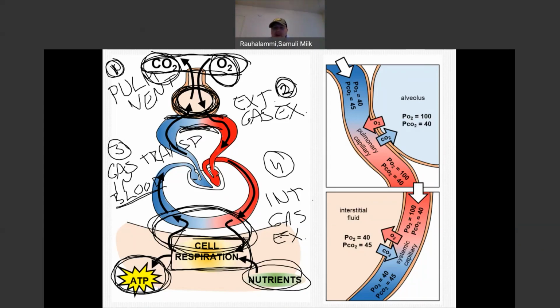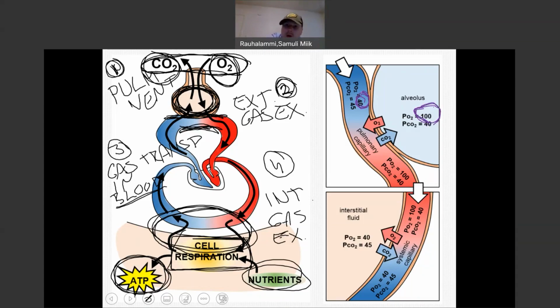But what we see is that there is a difference in partial pressures, the concentration of oxygen and the concentration of carbon dioxide, within the blood and within the lungs or the tissues. The partial pressure of oxygen in the air around us is about 100 millimeters of mercury, whereas the partial pressure of oxygen in the blood as it returns from the systemic circuit to the lungs is 40 millimeters of mercury.